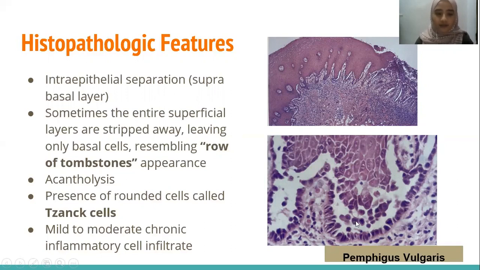And this is a diagnostic feature of pemphigus vulgaris, which are the split cells that lose their polygonal shape and become rounded. There will also be mild to moderate chronic inflammatory cell infiltrate, which is usually seen underlying the connective tissue.